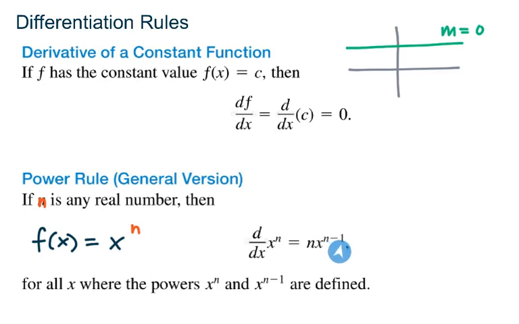We subtract 1 from that power. So when we are taking the derivative of any x raised to a real number power, we always apply this property where we take that power, n, pull it in front, and then subtract 1 from the power. So let's do a couple of examples looking at these two rules.